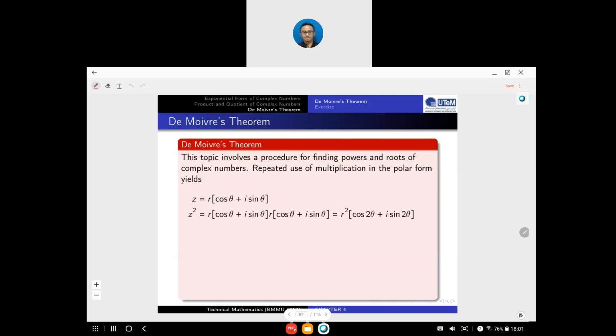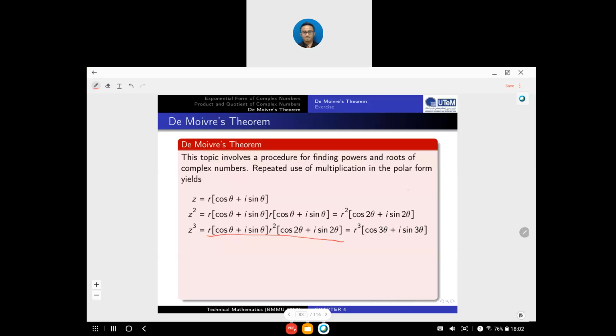If you want to find z squared, we multiply it twice like this. After you simplify, you can get r squared times (cos 2 theta plus i sin 2 theta). Also the same thing if you want to find z to the power of 3, so we multiply three times. And then you can simplify, you can get r cubed times (cos 3 theta plus i sin 3 theta).